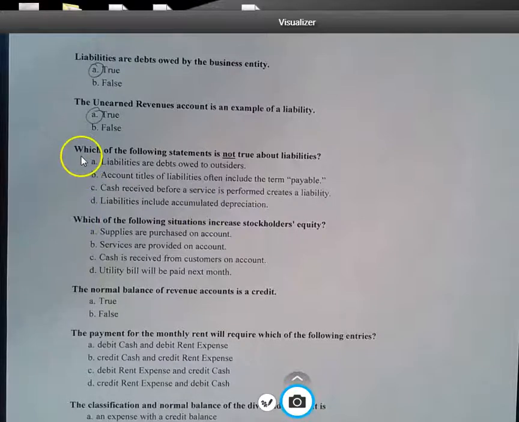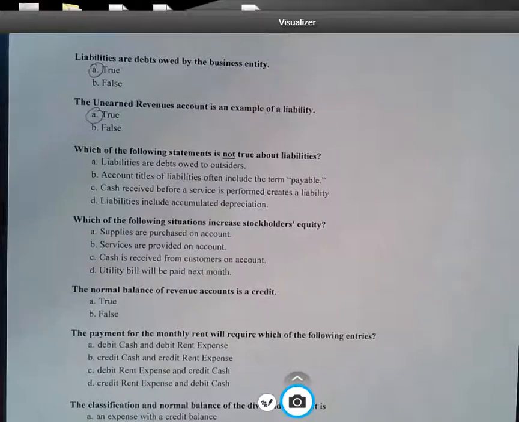All right. Which of the following statements is not true about liabilities? Well, let's see here. It says, liabilities are debts owed to outsiders. That is absolutely true. Now, I will say this, just to clarify, a business can have a liability to its owners.